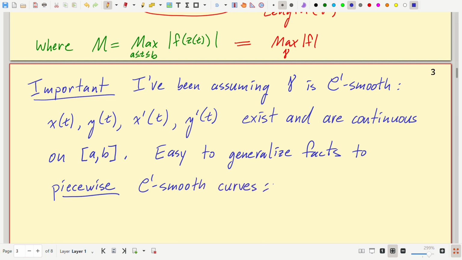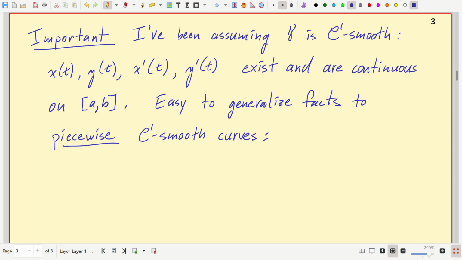They can have corners, but they can't jump. All right, so I start someplace, go up in a C1 curve, and then I can have a corner like that.